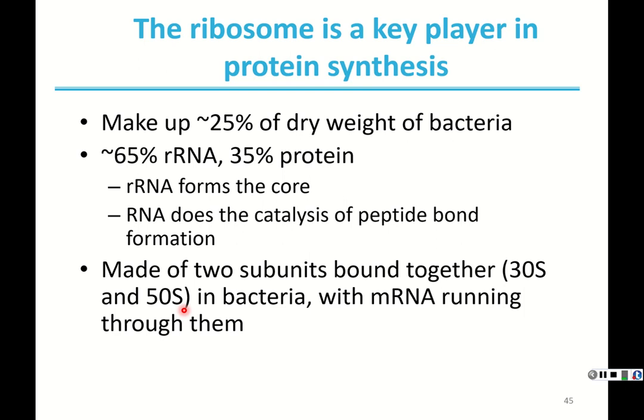Those terms come from when these molecules were discovered and separated using analytical centrifugation, and the layers in which they concentrated were termed 30S and 50S. That gave the relative size of each, so that's where those numbers come from. In eukaryotic cells, those numbers are different.